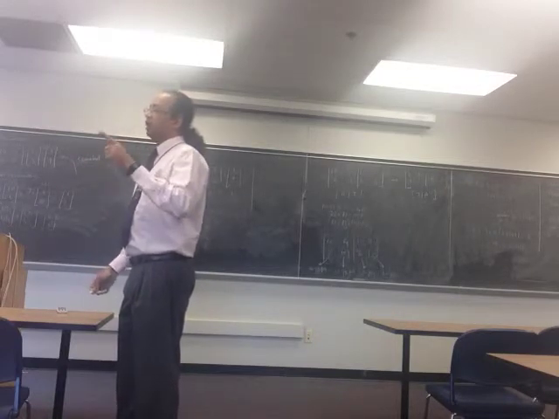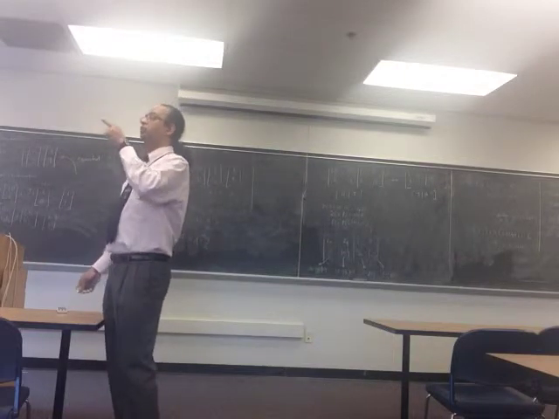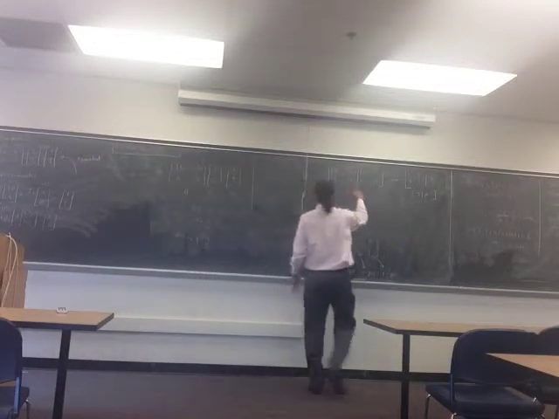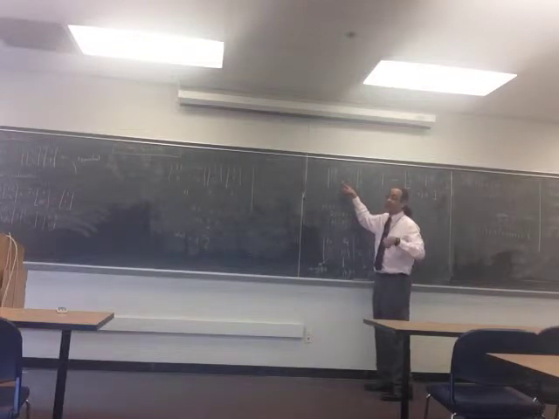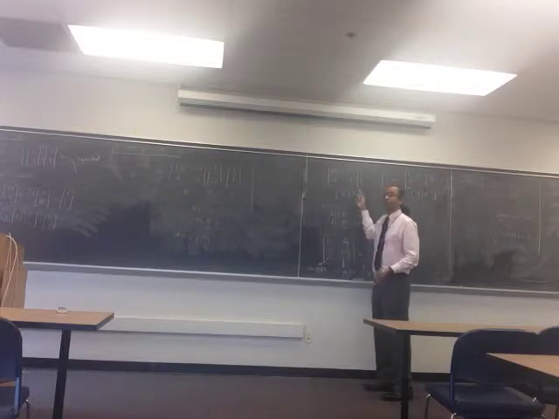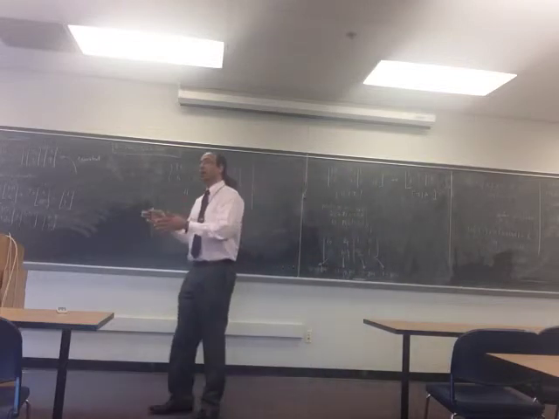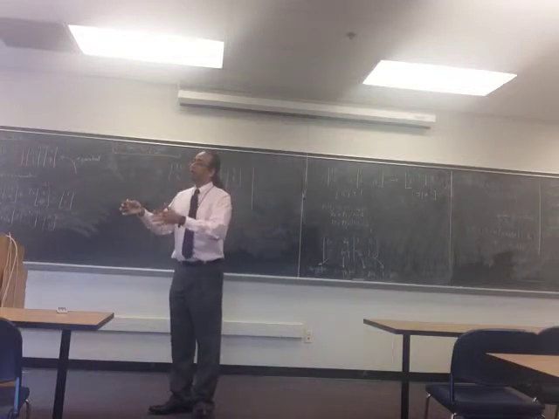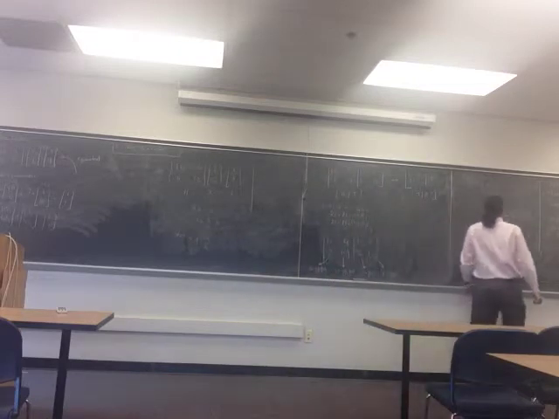So A times I whole raised to the negative 1 is nothing but I raised to the negative 1 times A raised to the negative 1. So if we start with an I here, and make this A into an I, this A will go the opposite direction and it will become A inverse. I will become A. So if you do a bunch of row operations to make A become I, you're doing operations to make I become A inverse. Okay?